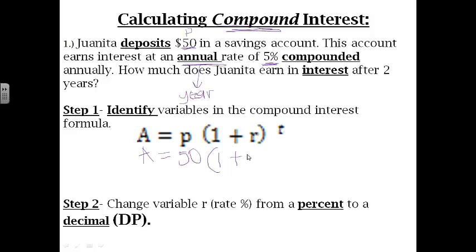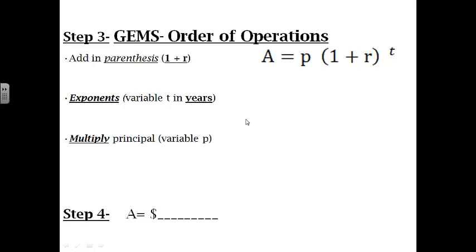It's 5%, so we have to change it to a decimal, so that would be 0.05. And then what was our time? Good, so it's to the power of 2. So now we already did this. We changed our variable R from a percent to a decimal. Mine's a little bit different since I'm doing a slideshow, but just fill in the parts that you need, okay?